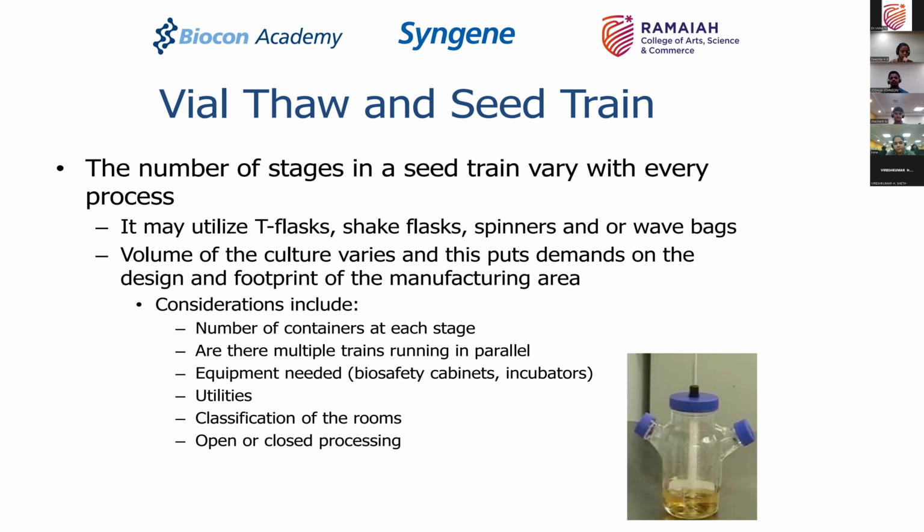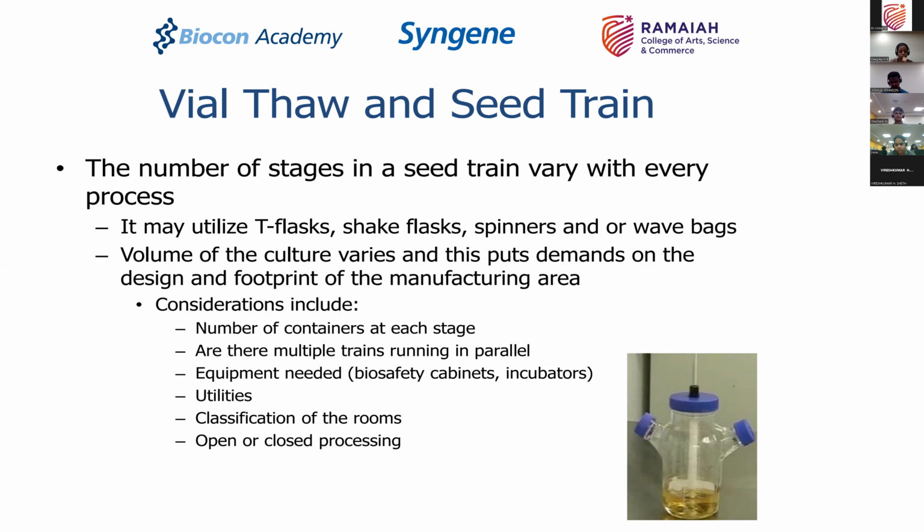It may utilize T flask, shake flask, spinners, wave bags, various options which are available. Volume of the culture varies, and this puts demands on the design and footprint of the manufacturing area, because you could be considering multi-product facilities. You can imagine that the culture volumes could vary.